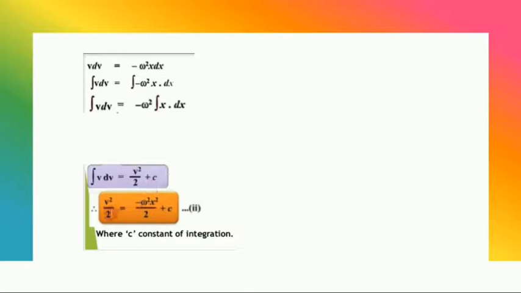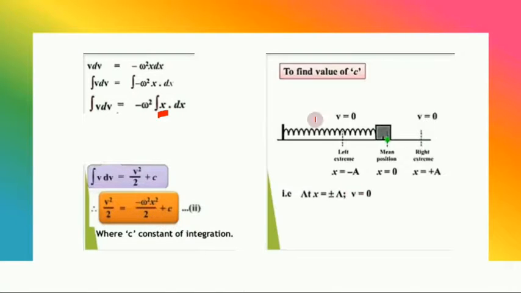Or we can write v square by 2 is equal to minus omega square, integration of x is again x square by 2 plus c. Now to find the value of c, we know that velocity is 0 at the extreme position. It means that on the left extreme and on the right extreme, the velocity is 0. Therefore v is equal to 0 when x is equal to plus minus a.